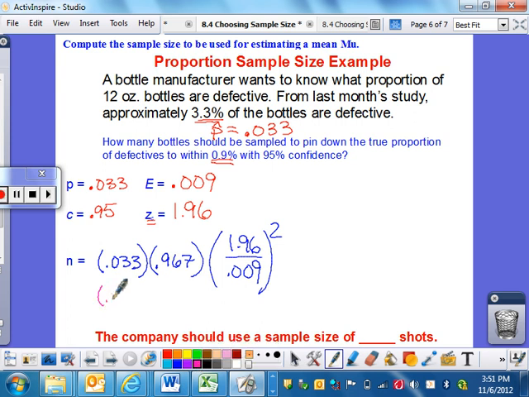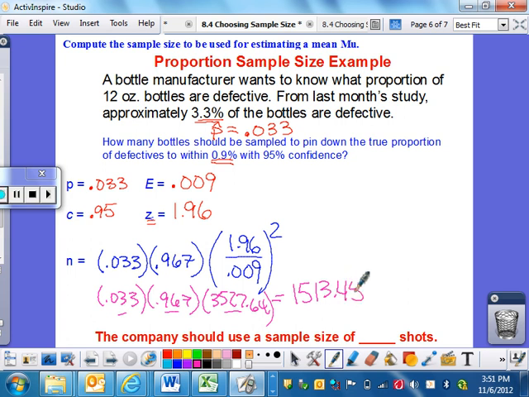I would highly recommend doing the fraction with the square first, so you don't happen to mess things up calculating that. If you go 1.96 divided by 0.009 and then you square it, it's 3527.64. And then if you multiply these three numbers together, you end up getting 1513.45.